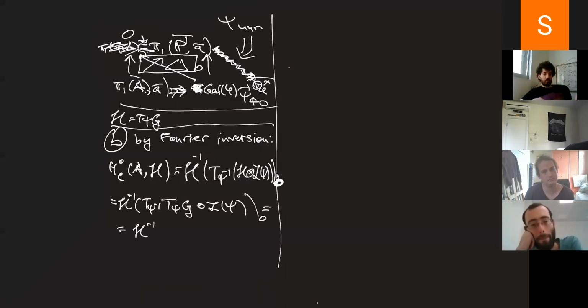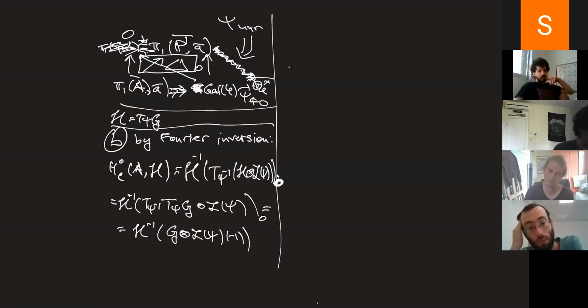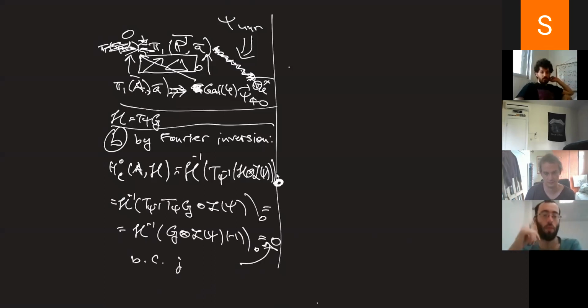The same as just this of G tensor L psi inverse. Yeah, -1. This is a stalk. And this is 0 just because this is a sheaf.